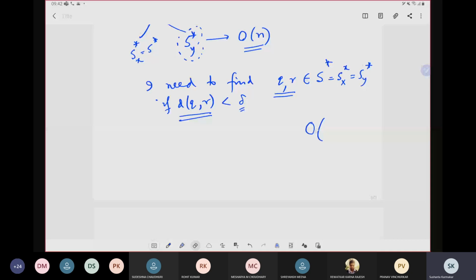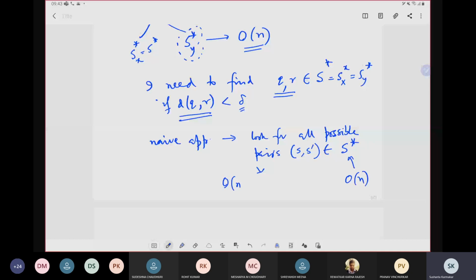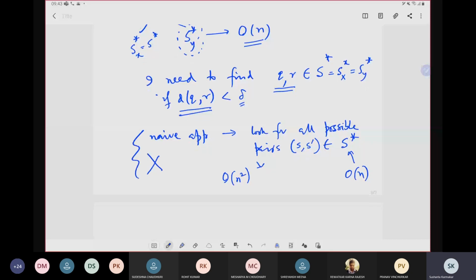But since this has order n points, all possible pairs will have order n square pairs, because n choose 2. So this calculation will be a bottleneck. That means my Fn, which we talked about in the last class, will be a problem. So this naive approach will not work.